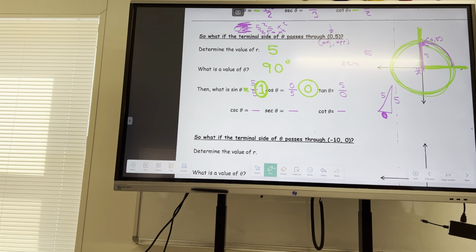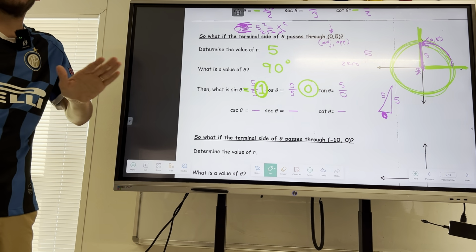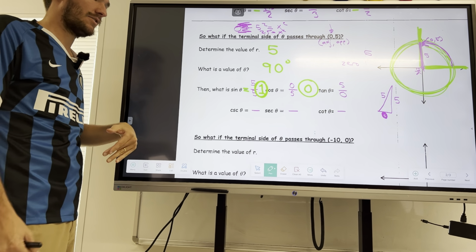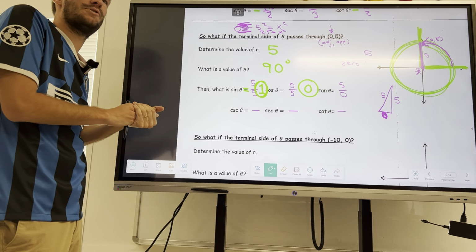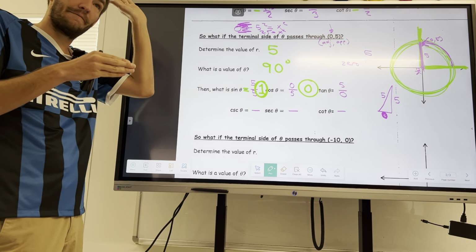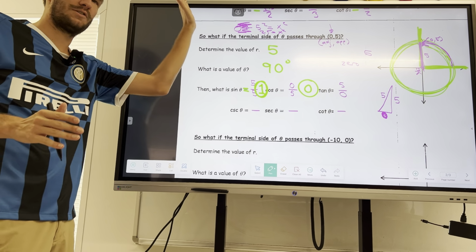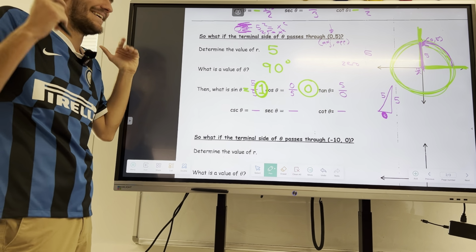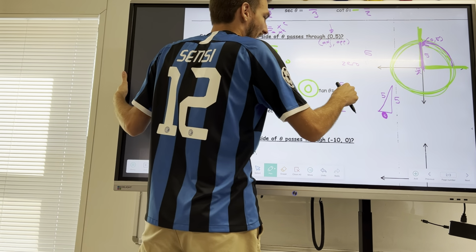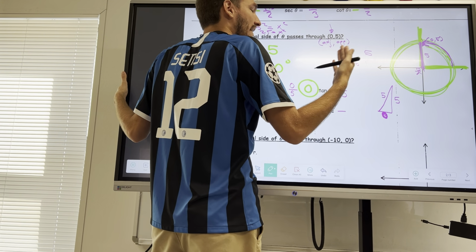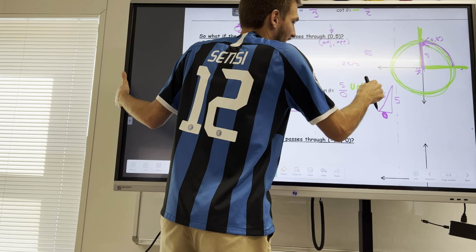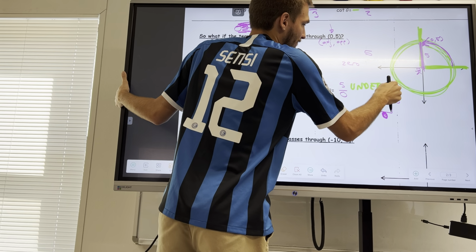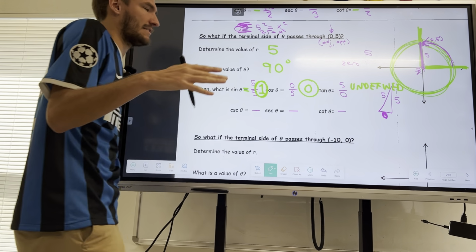Even when I teach calculus in first period, you don't divide by 0. If you remember algebra 2, it's been a long time, in algebra 2, dividing by 0 makes a vertical asymptote. If we divide by 0, we get undefined or does not exist. Doesn't really make that much difference. I'll just go with undefined. Good enough. If you wrote does not exist, it doesn't really matter.